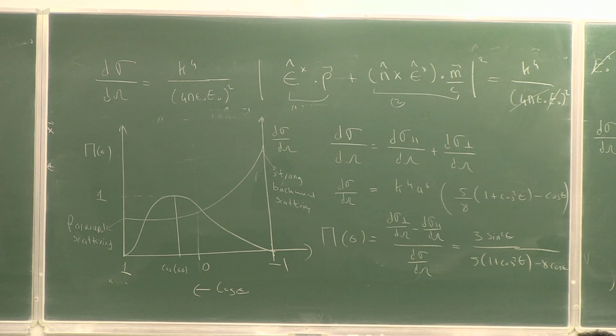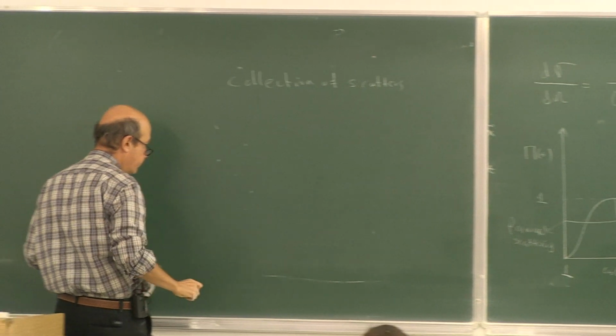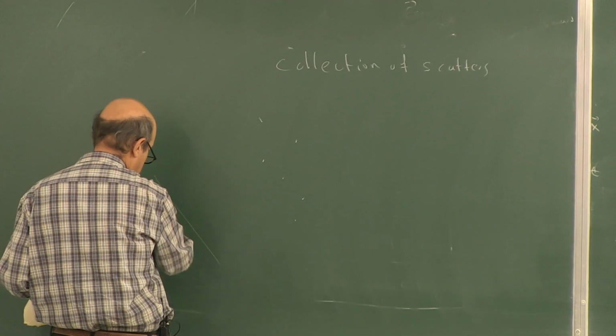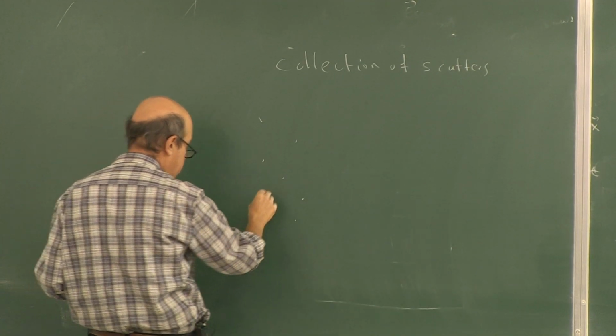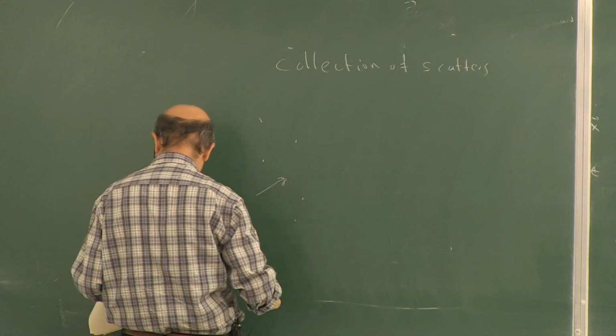So if you have a collection of scatterers, when you send the electromagnetic wave, each will be scattered from the scatter centers.